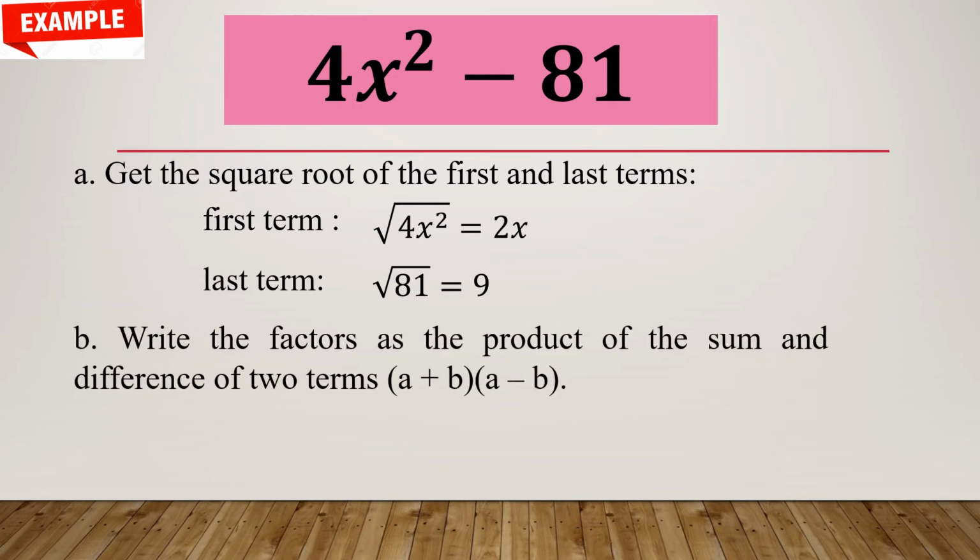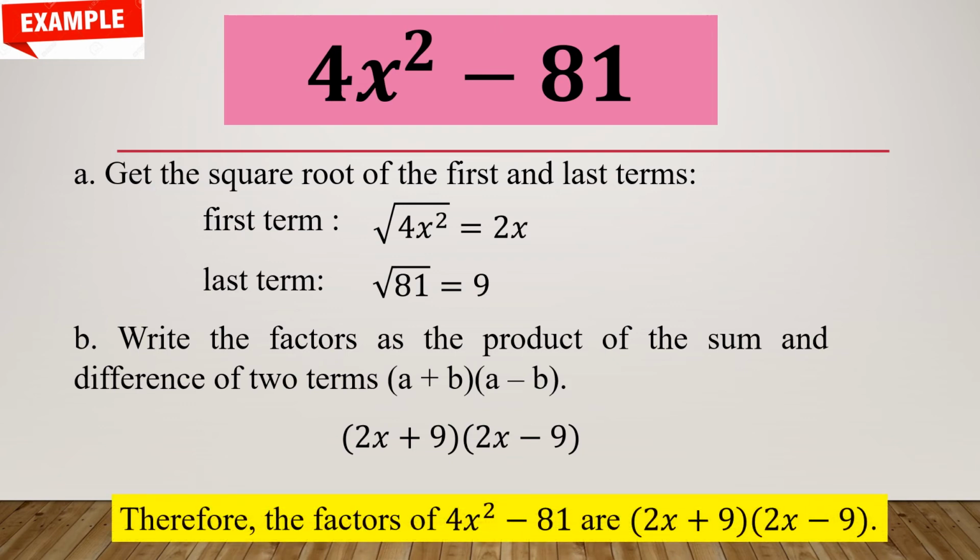Rewriting them as the product of the sum and difference of two terms, your factors should be the quantity 2x plus 9 times the quantity 2x minus 9. And that makes the factors of the difference of two squares 4x squared minus 81.